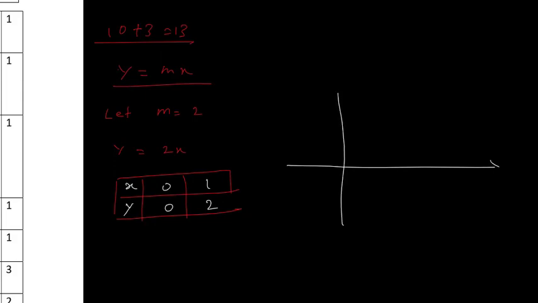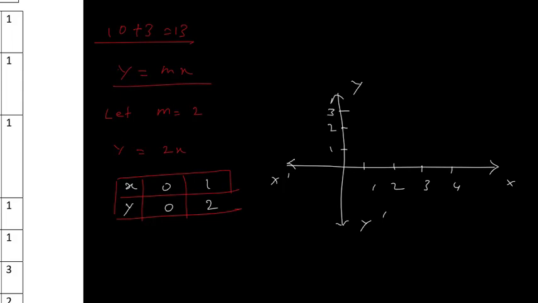Now here is the x-axis. On the left-hand side you can mark x dash, this is y, and here you can mark y dash. Now I will take a few points like 1, 2, 3, 4 along the x-axis, similarly 1, 2, 3, 4 along the y-axis.